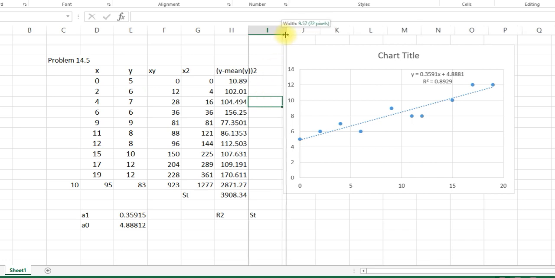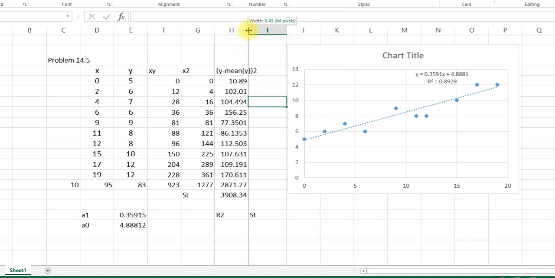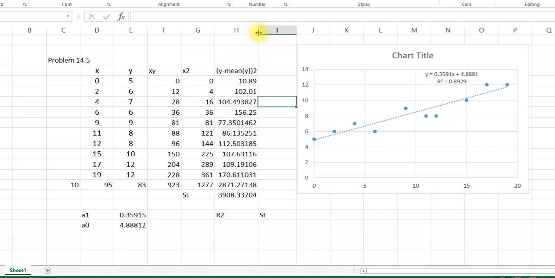Okay, and same way we can calculate the error square, which is SR. Error square, you can say y minus y model. So y model is basically 0.3591 times x, then it will be minus 4.8881.